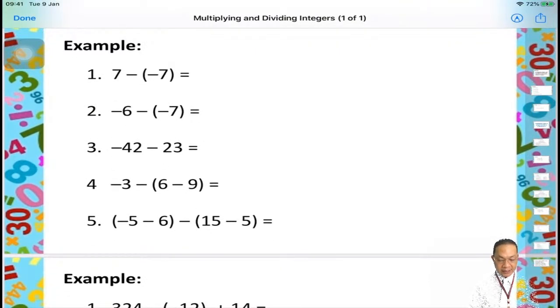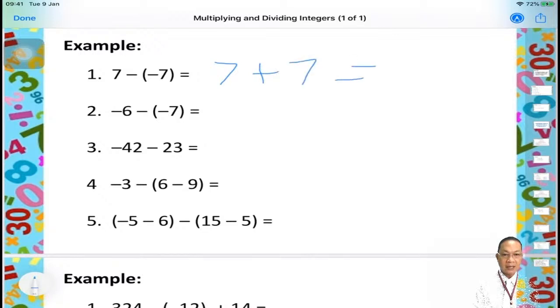So we have 7 minus a negative 7 is equal to, we have 7 and we have to add the additive inverse of negative 7. The answer is 14. Likewise, we have negative 6 minus a negative 7. We have negative 6, add the additive inverse of negative 7, which is 7.